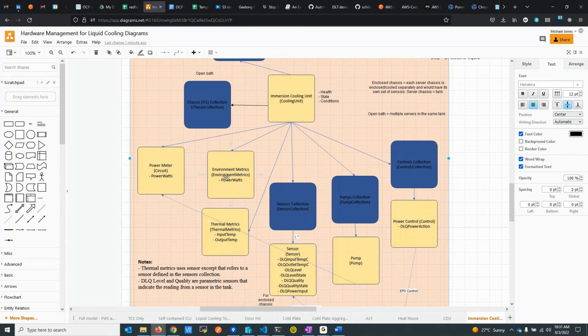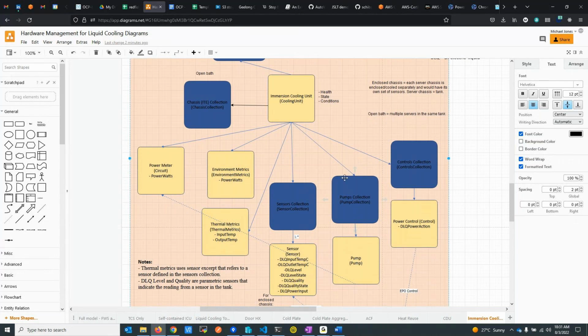Okay. The two over here, environmetrics and thermal metrics, are just summary resources that you can reference from the main cooling unit. And the power meter here is tied into a pump.